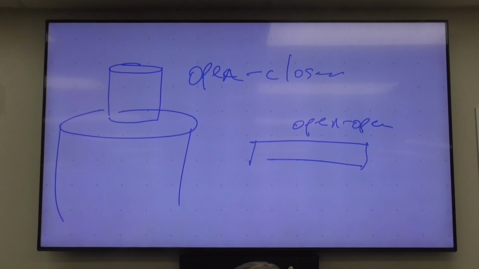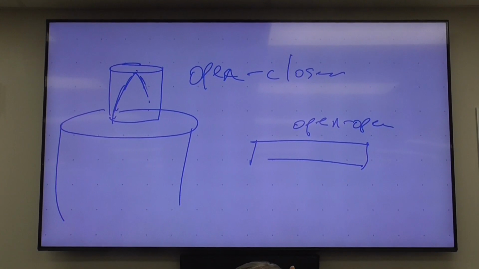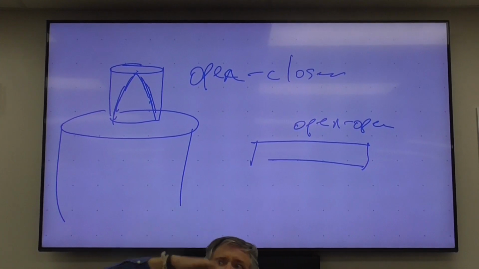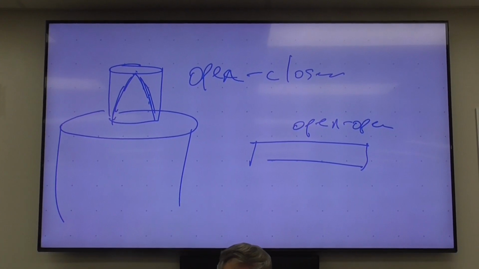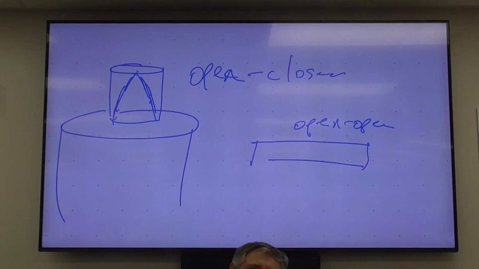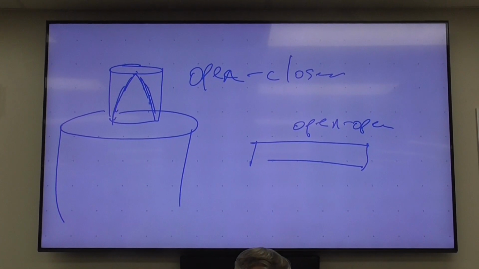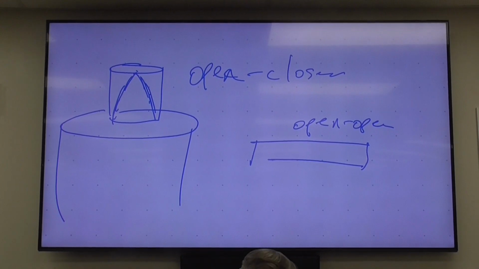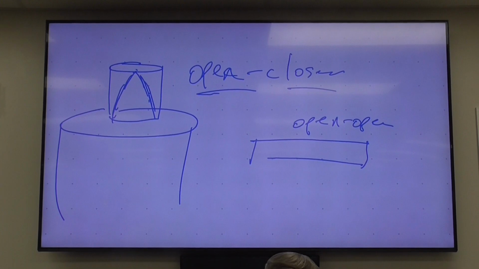So we model it like this. In reality, these are actually compression waves, okay? But mathematically and visually, it makes it easy to see if you draw it as a transverse wave. In reality, it's not. So here's the whole point on these open-closed systems.